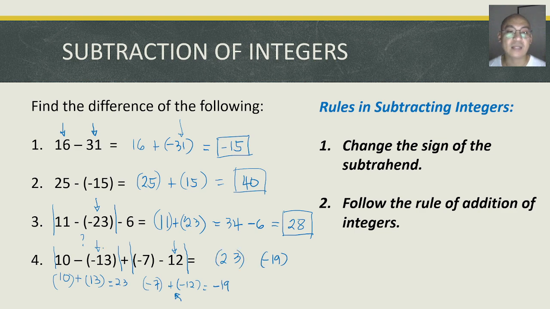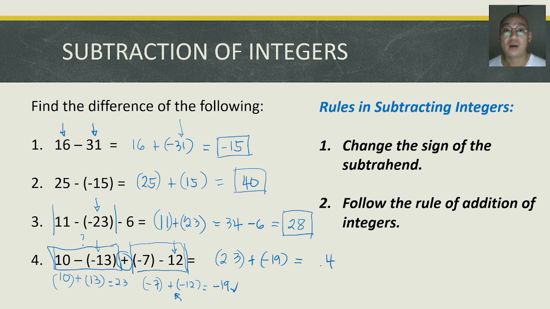As this is the answer for the first two terms, and this is the answer for the second two terms, which is negative 19. So their sign between is positive. So we're going to add. And that is now 4.